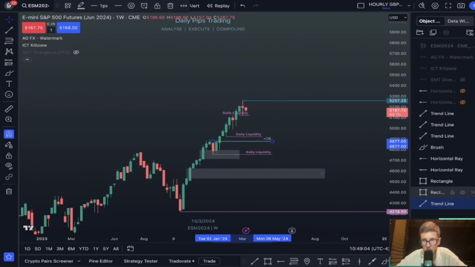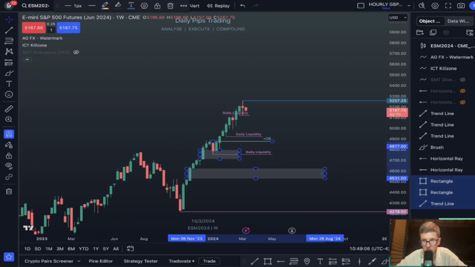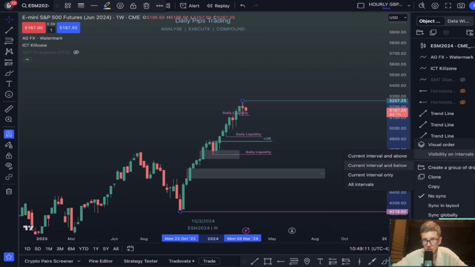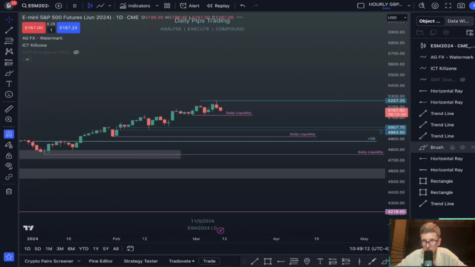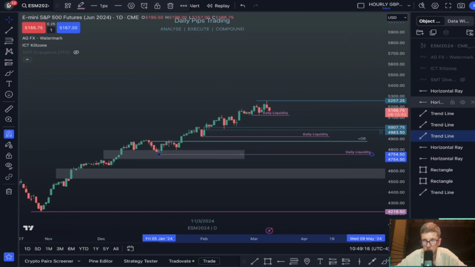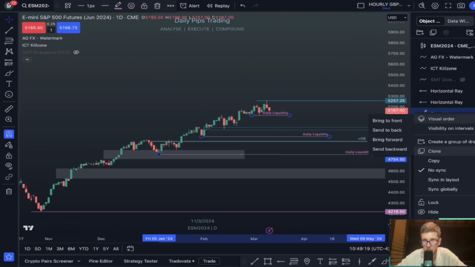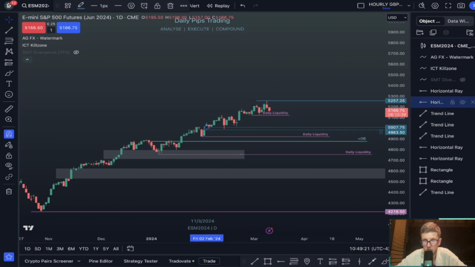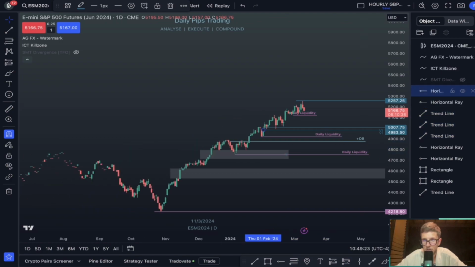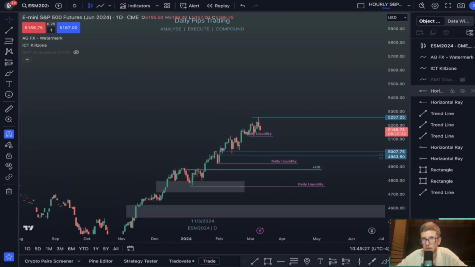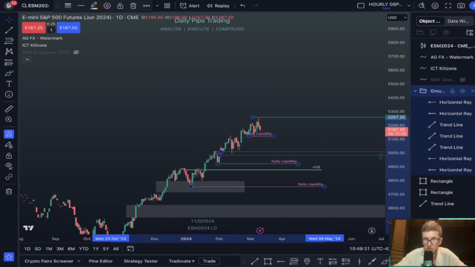And one more nice thing that I do for myself is I'll keep these as weekly PD arrays, right? These are weekly PD arrays, and these are what? These are daily PD arrays, right? And these are also daily PD arrays. So we're gonna start creating groupings here.